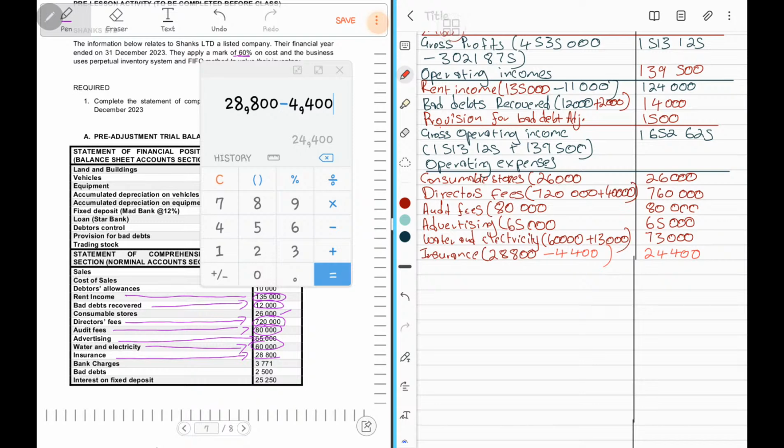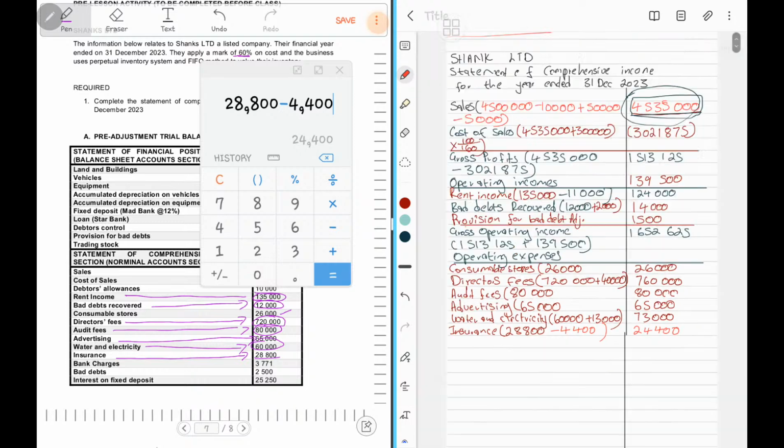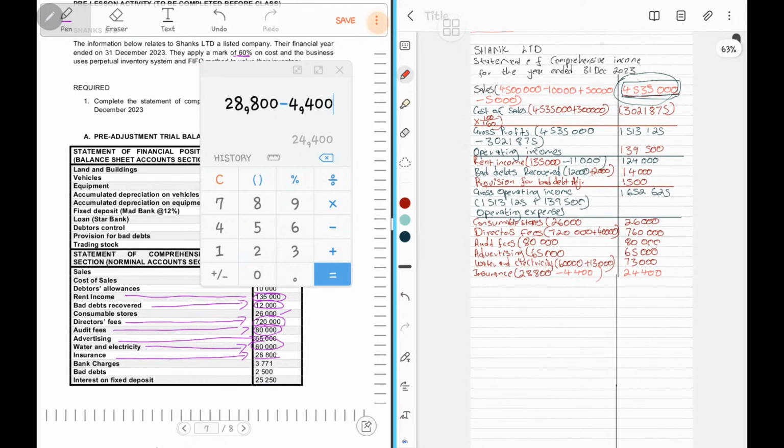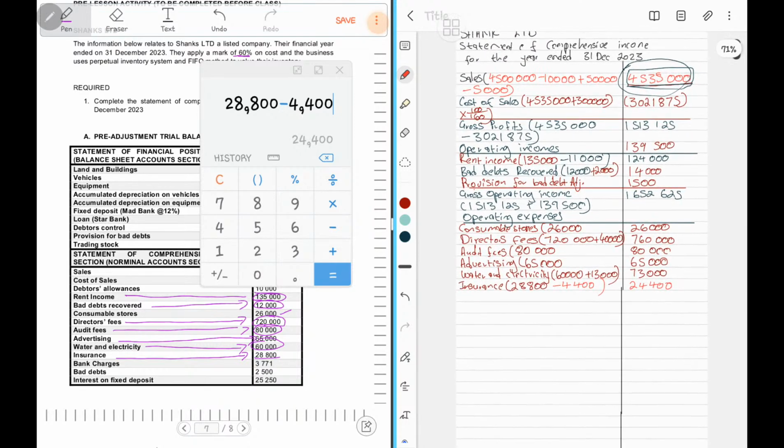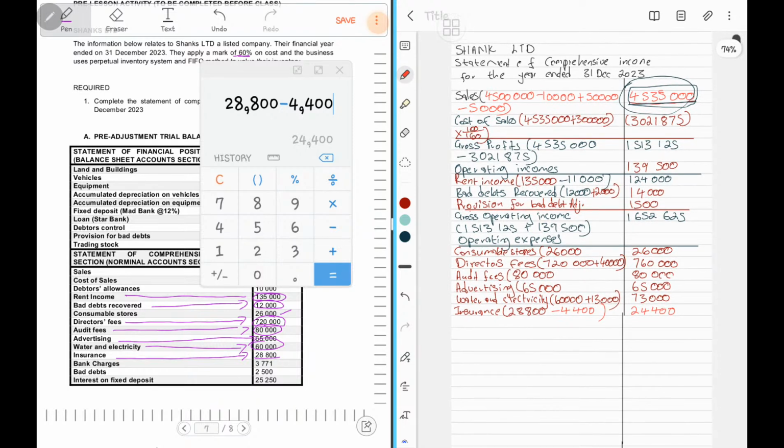So I see someone is saying, okay, I think I understand a little bit, but why is the sales amount not 5,235? Okay, let's see. Maybe I didn't calculate well here. Let's recalculate. 4,500,000, ne? Then we subtract the 10,000, then we add the 50,000.